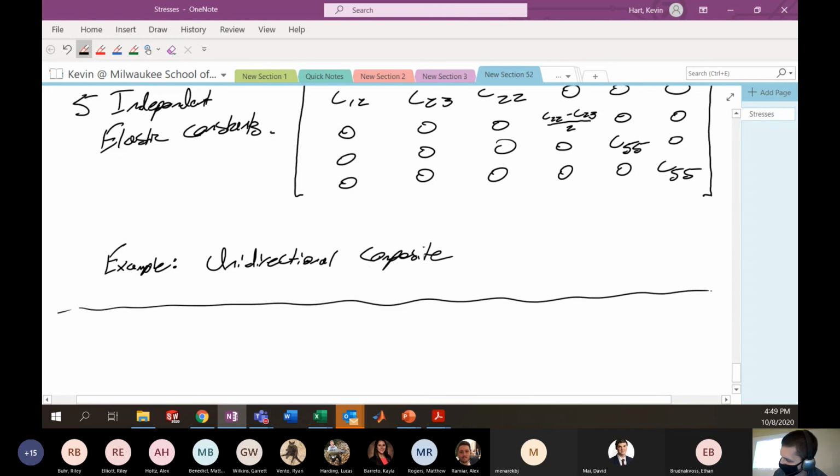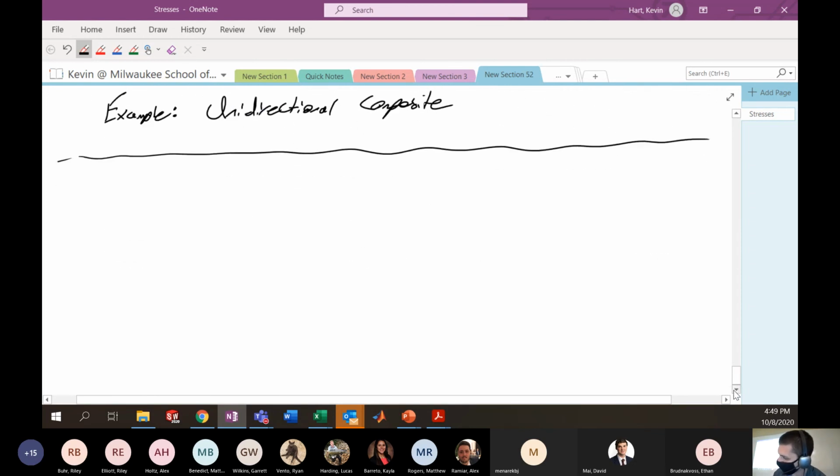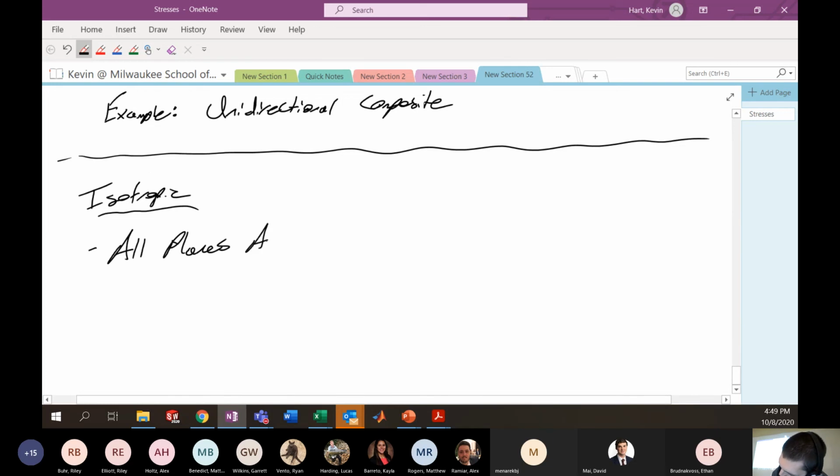Lastly, this is the last one we'll talk about, obviously an isotropic material. In this situation, all planes are planes of isotropy.